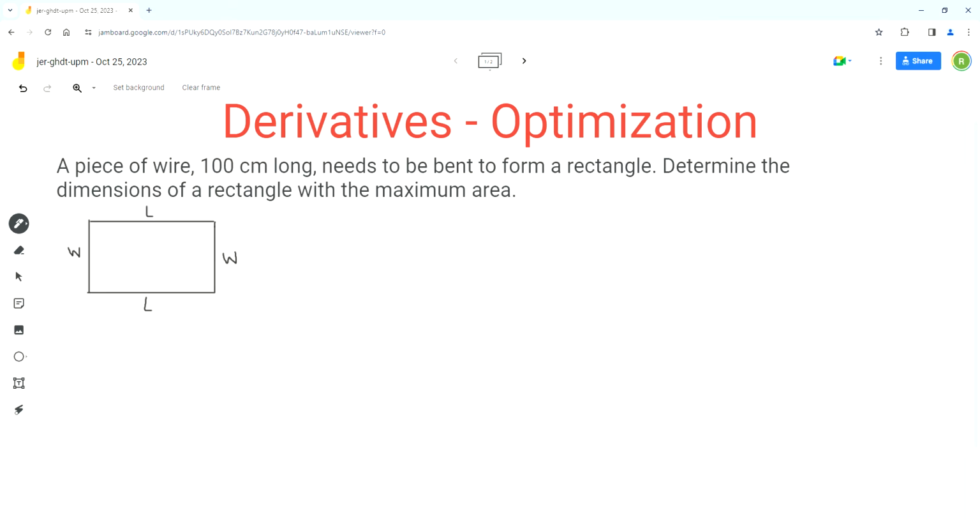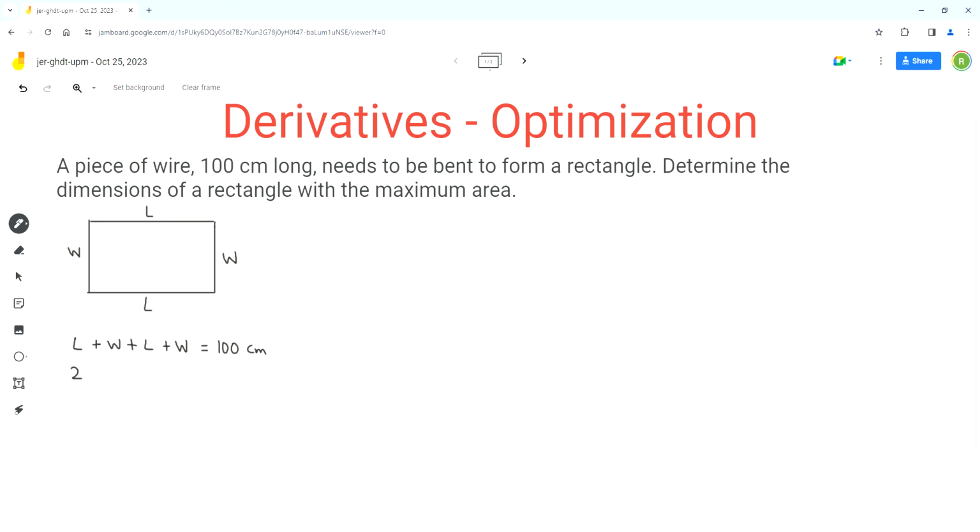So we do L plus W plus L plus W. So for perimeter, we have to add the lengths of all four sides of this rectangle equals 100 centimeter. Now we can combine the like terms on the left side.